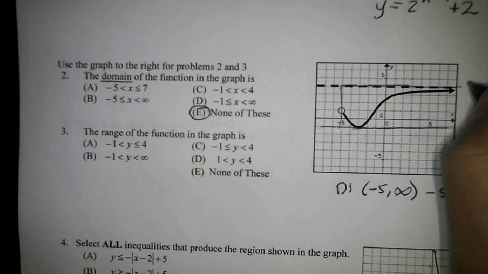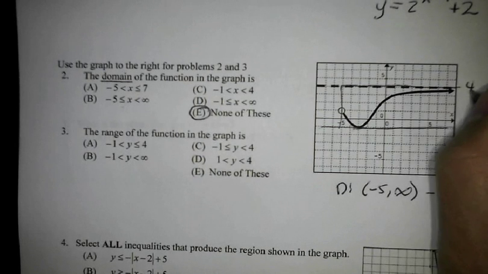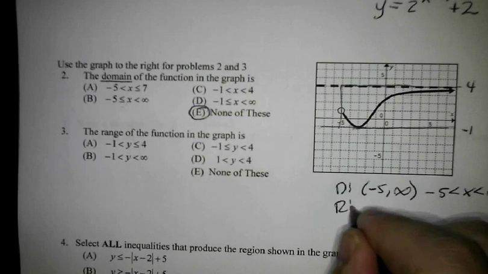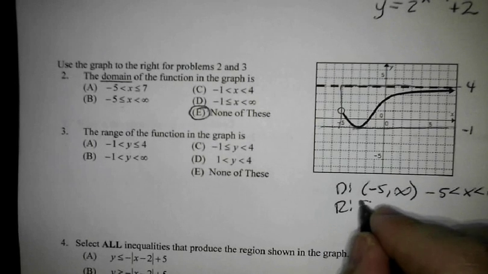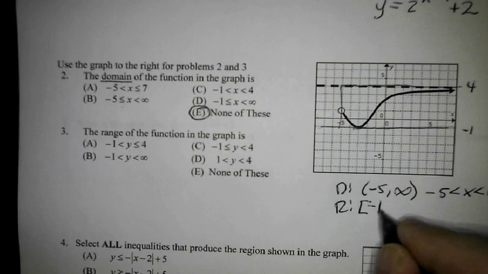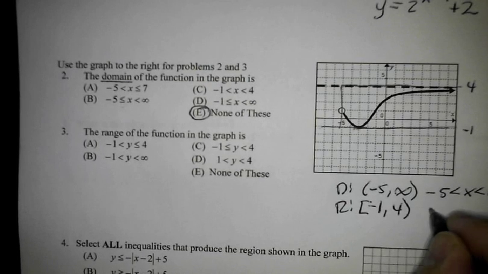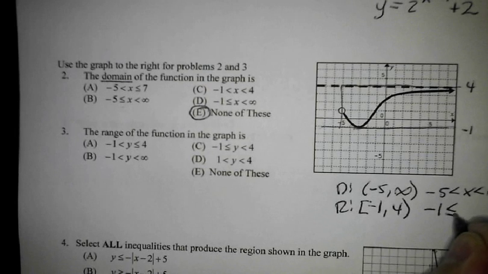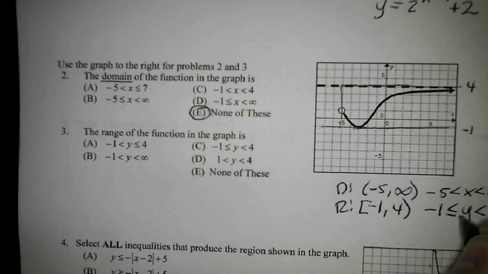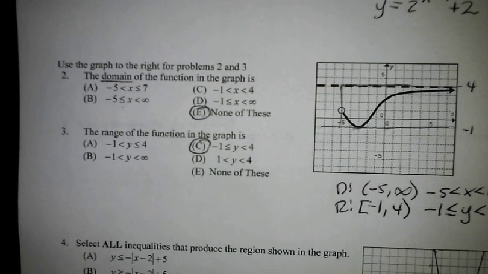It goes up to, but does not include the value up here at 4. So for my range, I am going to go from -1, this time I have a closed bracket, up to 4, but I'm not including it. So translating that, that is -1 less than or equal to y, which is less than 4. So going over, I find that the answer was C.